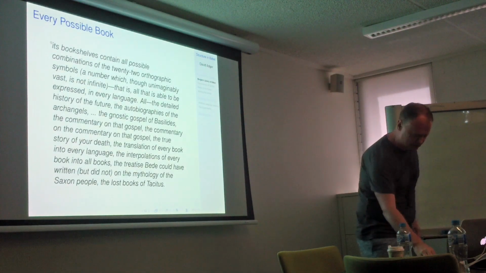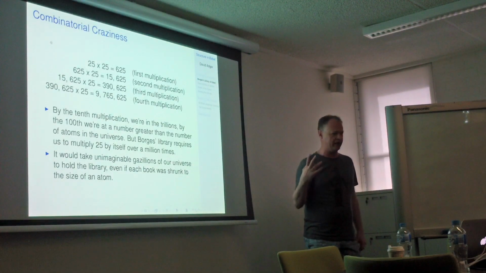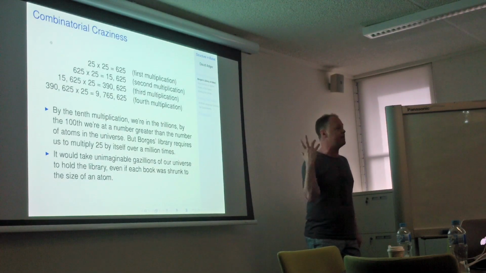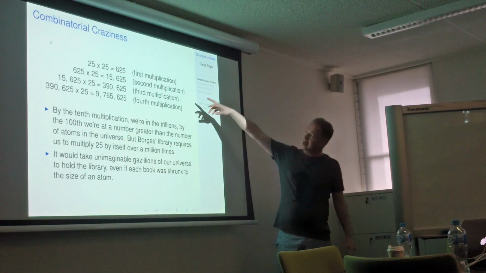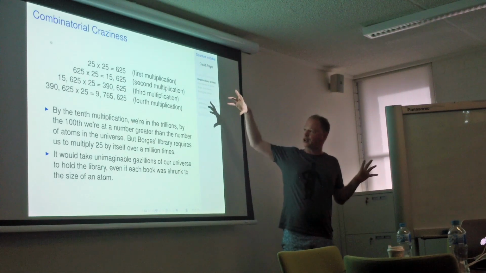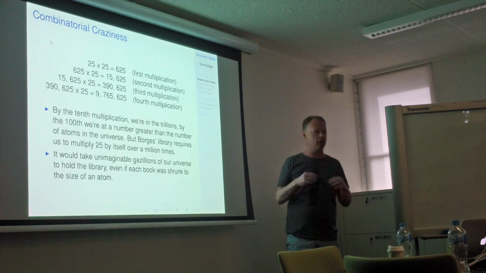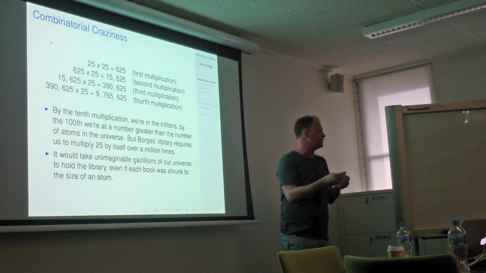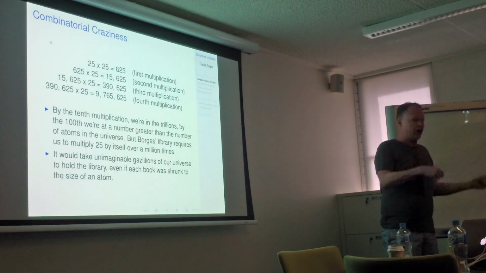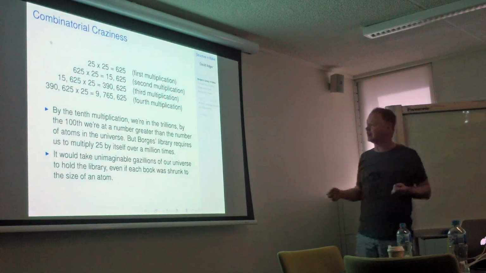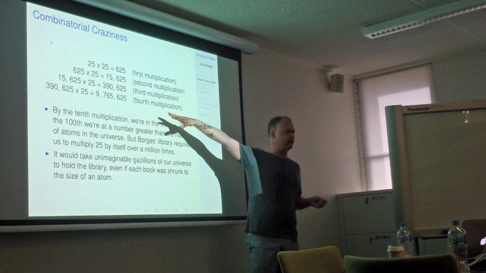So the important thing about Borges' library is, as he says, it contains an unimaginably vast number of books. If you just think about it, basically, to count the number of possible books, we take the number of symbols and multiply it by itself. By the fourth multiplication, we're on 9 million, right?